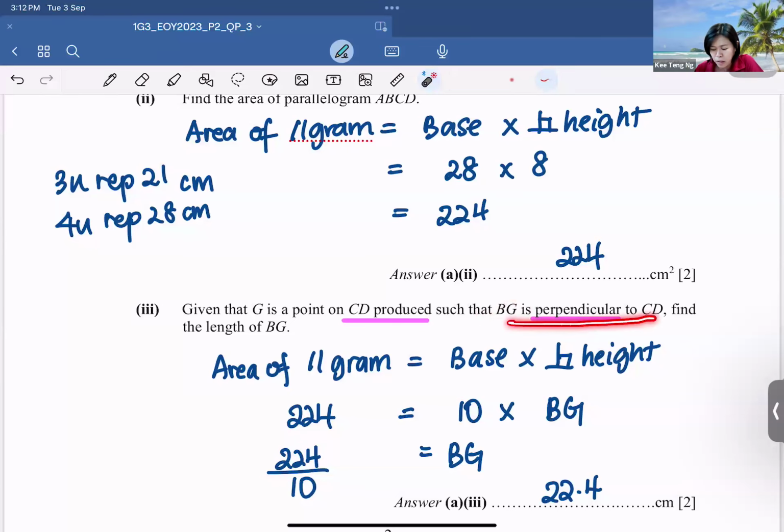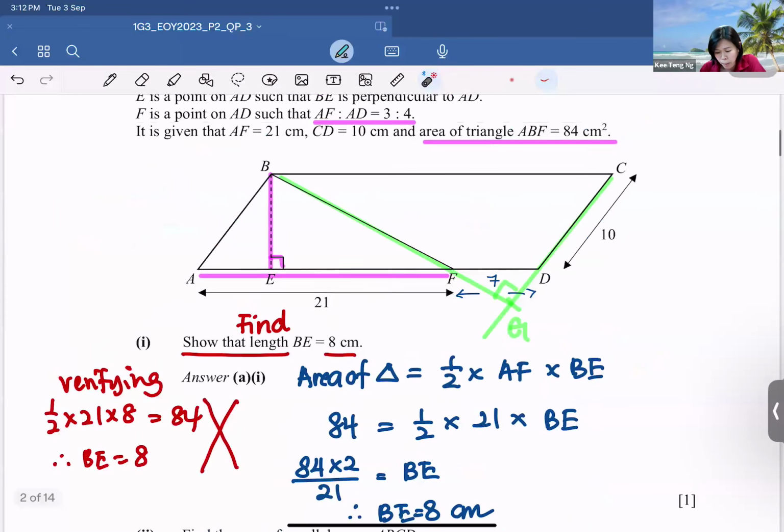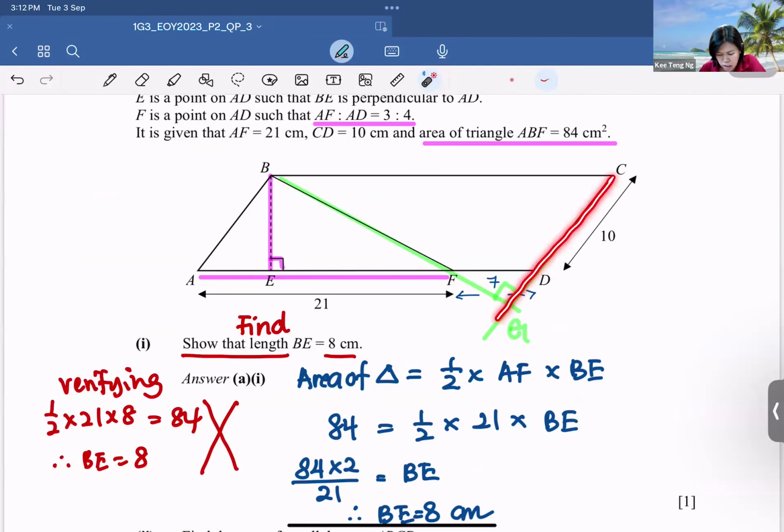BG is perpendicular to CD. So I have CD produced, and B goes to G such that they are perpendicular. This point of intersection is my point G, something extra that I need to draw on my own.